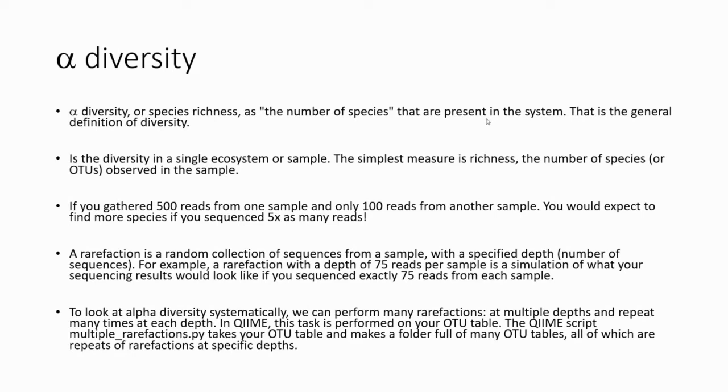Alpha diversity is the diversity in a single ecosystem or single sample, so the data is within the sample. The simplest measure is richness, which is the number of species. The number of species is the OTU, the operational taxonomic unit.